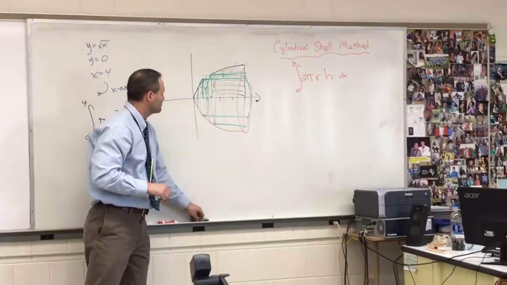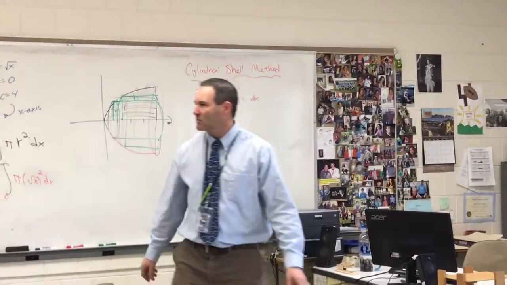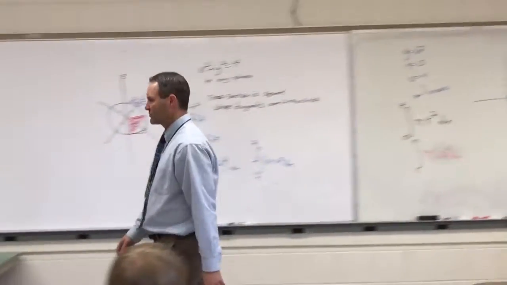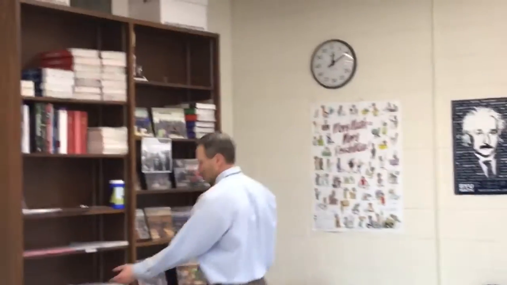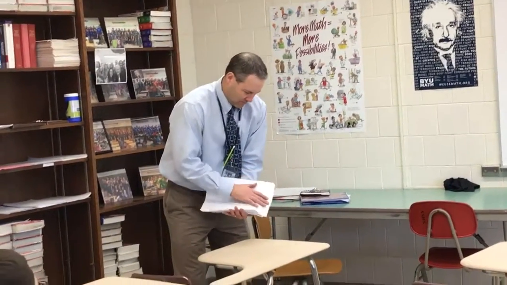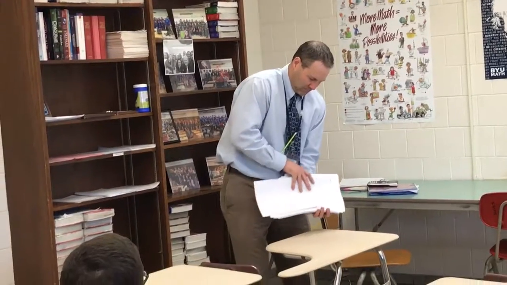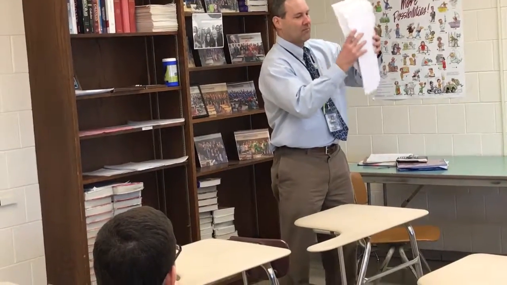Because why would they be solid? And how are you getting all of the volume? Because you're integrating it. It'll start out super small, and the radius will keep changing, so it'll just get bigger and bigger and bigger.